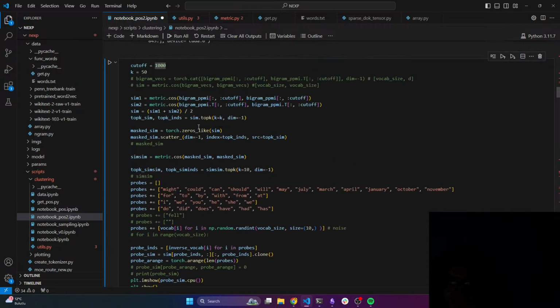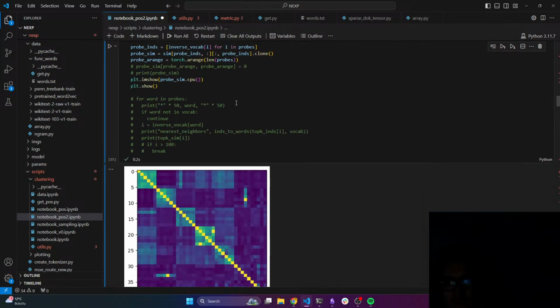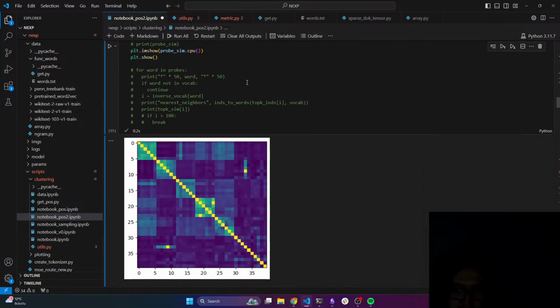The magnitude of the values gets smaller the more context we use. I don't think 1,000 and 5,000 differ that much, but it's still a pretty good similarity. And with more context we can see that the similarity between May and these is more prominent than other things. So it still could be noise.